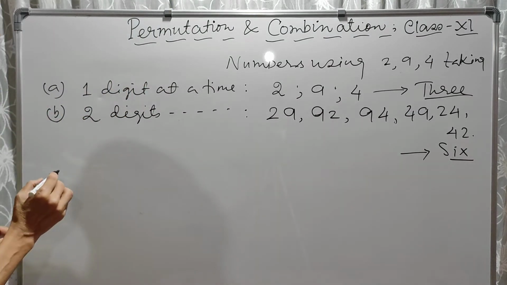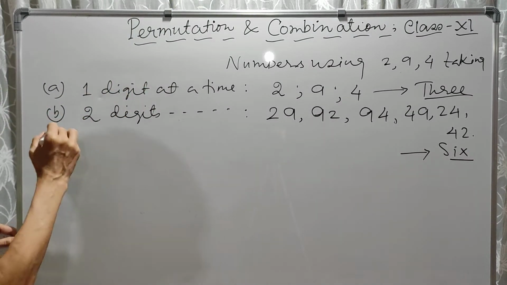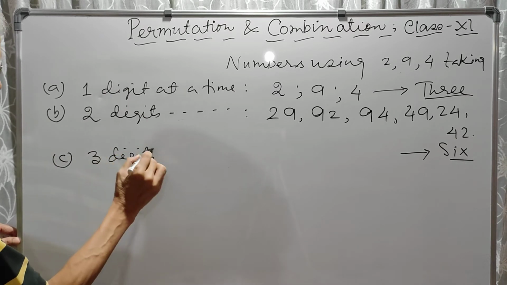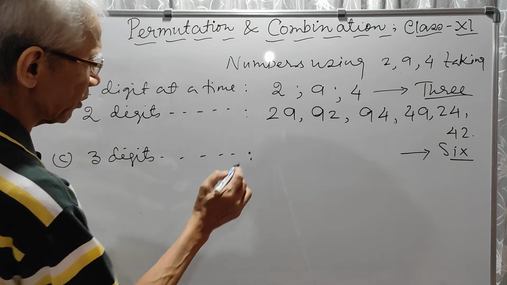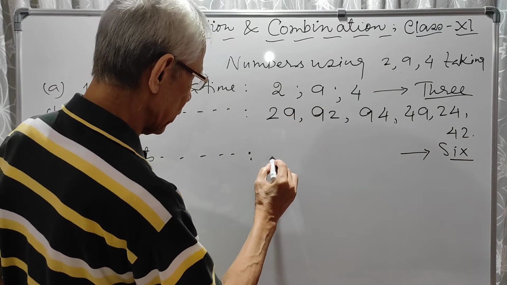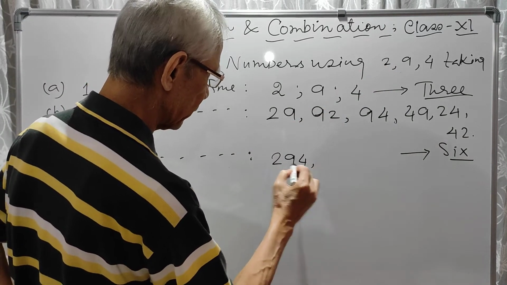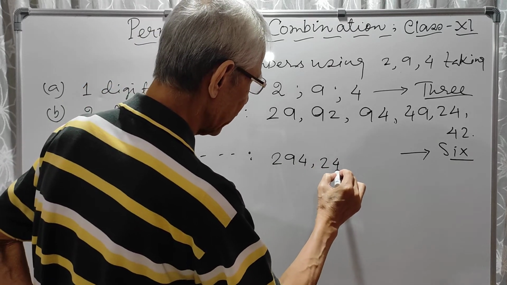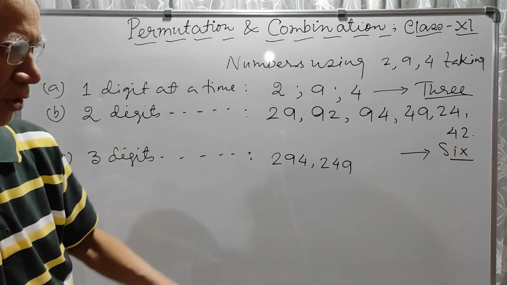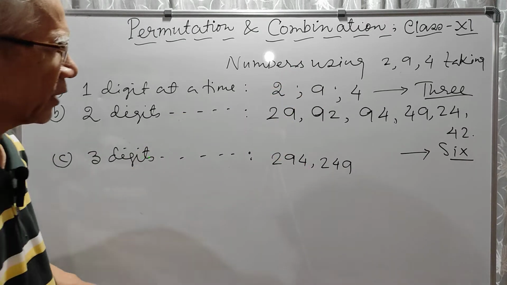Now let us see taking 3 digits at a time, taking all the 3 digits at a time. Let us see how many we can get. We get 294 and 249, taking all the 3 digits. All right.